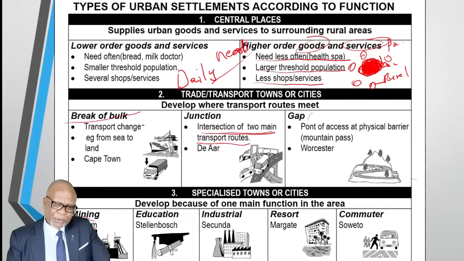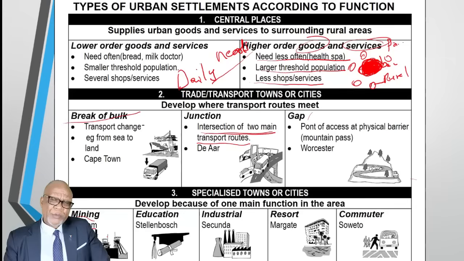It mainly developed because of gold mining, but it has since developed, and now it is a commercial town which does many businesses. And then we have a specialized town like Stellenbosch, which developed because of the institutions there. There are a lot of institutions, and Stellenbosch University is there.